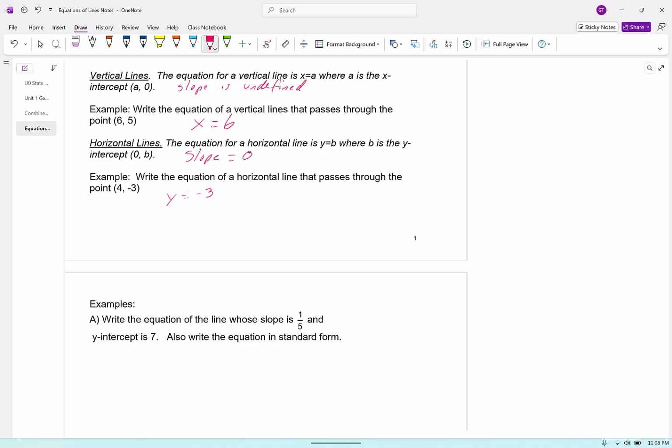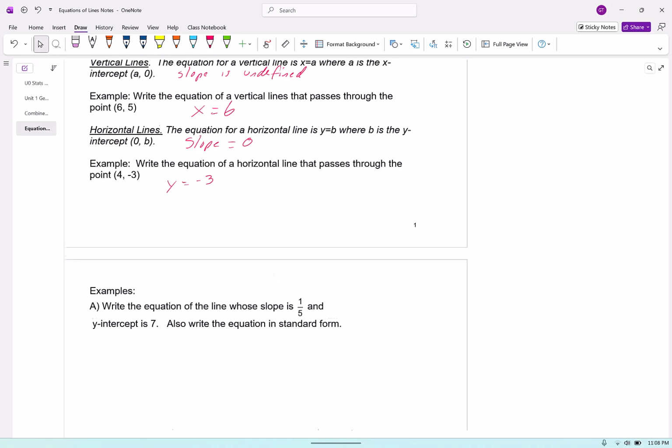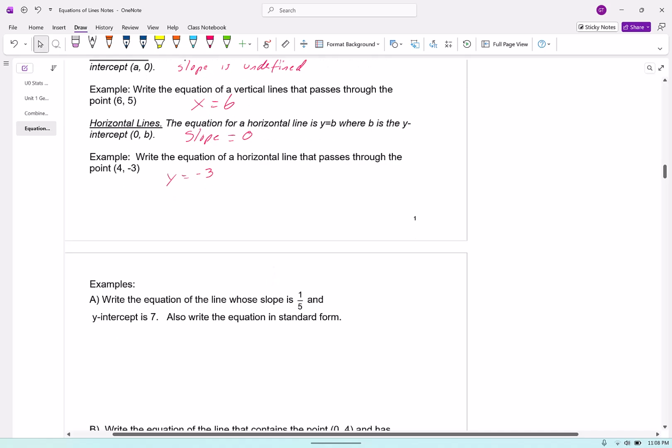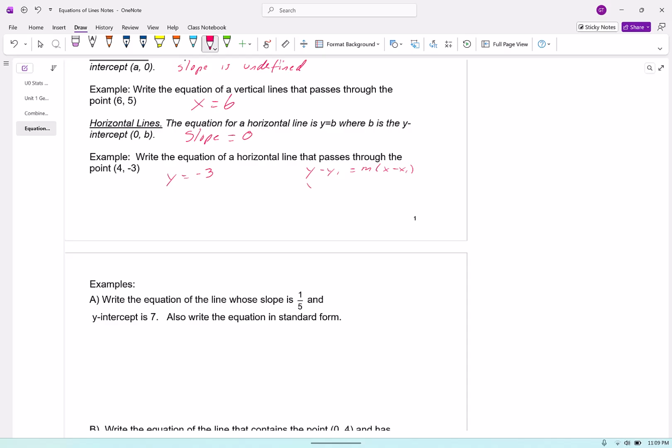And so if I was given this point, then I could use the point slope form in order to see this as well. So y minus y1 equals m times x minus x1. If I plug in the coordinates there, my y value is -3. I got my m, which I don't know what that is.